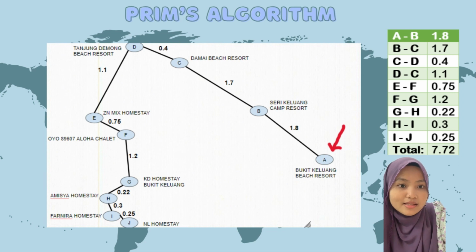Next, let's select the route with the shortest distance, which spans 0.2022 kilometers from G to H. After reaching point H, we select the route to point I, which has the shortest distance of only 0.3 kilometers. At last, we take the route from I to J, spanning a distance of 0.25 kilometers. With that, we arrive at our desired destination.